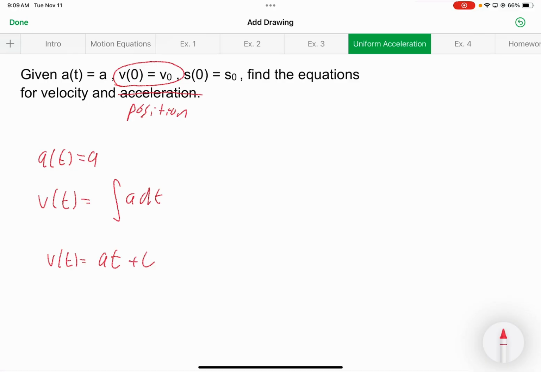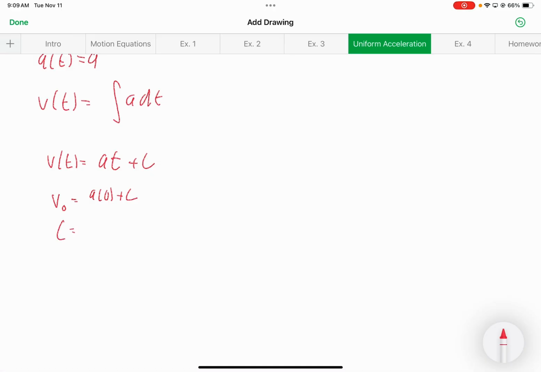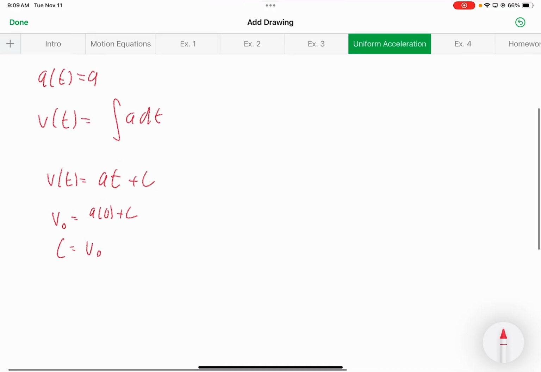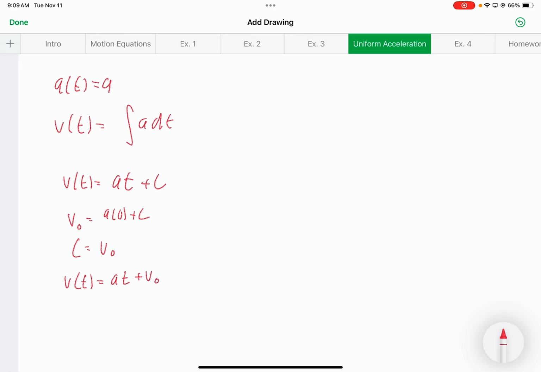We call that v sub naught. So v sub naught is what we get when we plug 0 in for t, which means my c value is just going to be v sub naught. So my velocity equation is v of t equals a times t plus my initial velocity.